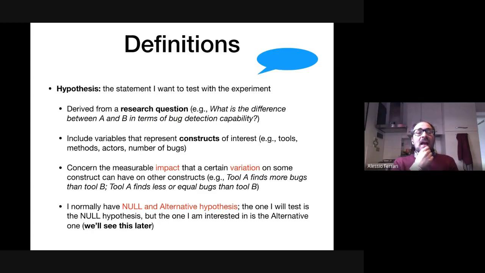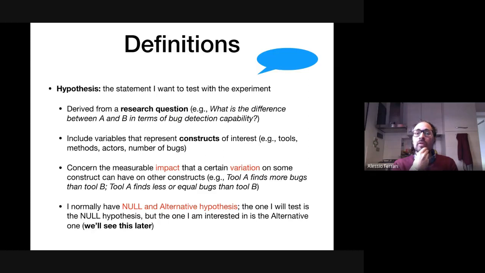Okay, and when we do hypothesis testing, we normally have a null and an alternative hypothesis. The null hypothesis is the one that I will test. But the one that I am interested in is the alternative one. This is a tricky thing that at this moment you will have to take as a fact.